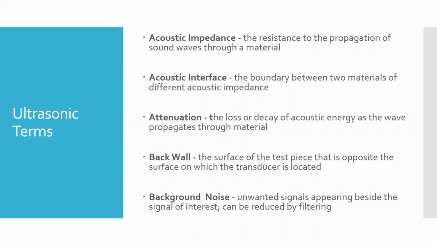Typically, you would pick a frequency that's different from whatever that extraneous sound is, and then you would be able to filter out that extraneous sound. Or it would be a different waveform. Most of our ultrasound is a sine wave. If you have a sawtooth or a square wave or some other kind of random noise wave, you can filter out based on the shape of the wave as well to just look at your perfect sine wave signal.